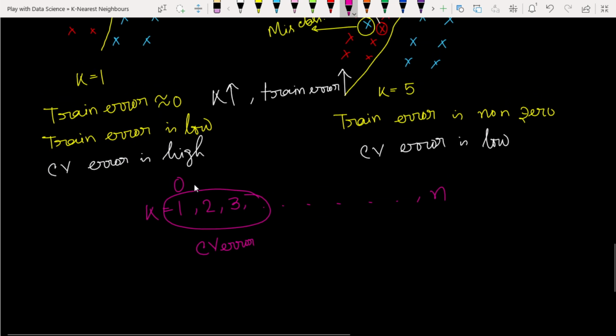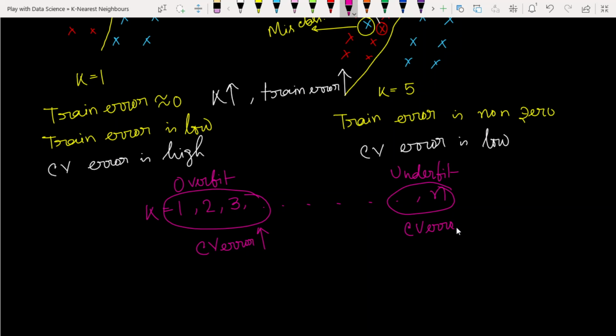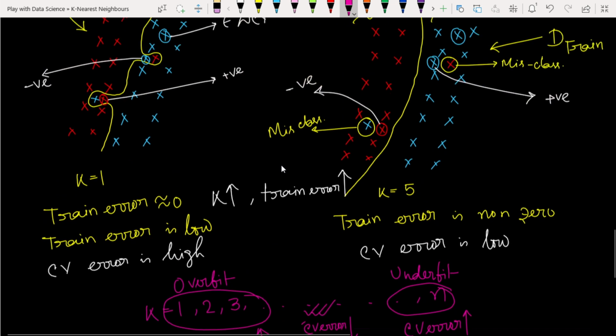These regions are the overfit model, and near the end point it is the underfit model. The cross validation error is high in both cases. But in the middle values, somewhere here, our cross validation error is low. We have seen this thing here.